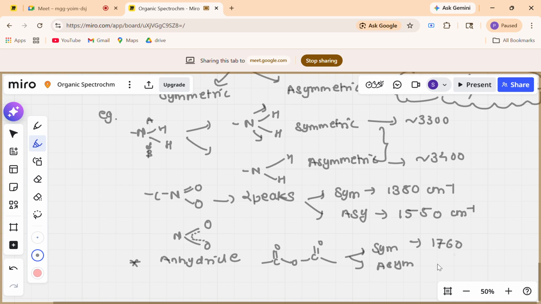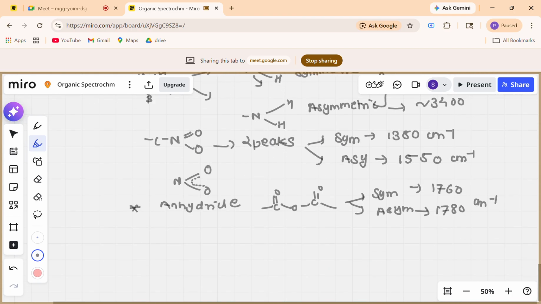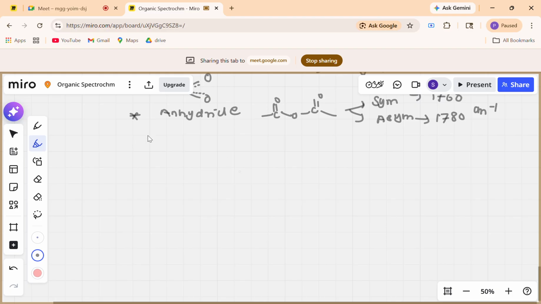One is symmetric, the other asymmetric in nature, and the corresponding values will be around 1760 and 1780 centimeter inverse. These are just examples I'm showing you, of how even when you have identical atoms in a molecule, it gives rise to two peaks because of the variation in the stretching. Okay, so this is just regarding the introduction of IR spectra.